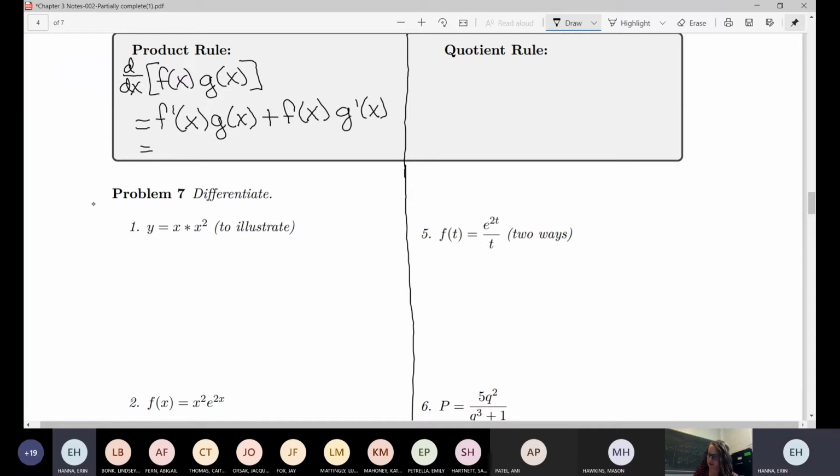A lot of times I will just say this as f prime g plus f g prime and just leave out the of x's. A little tedious. But technically the full rule has the of x's sitting around there. But essentially we take the derivative of the first function, leave the second function alone, and then add that to the first function left alone times the derivative of the second.